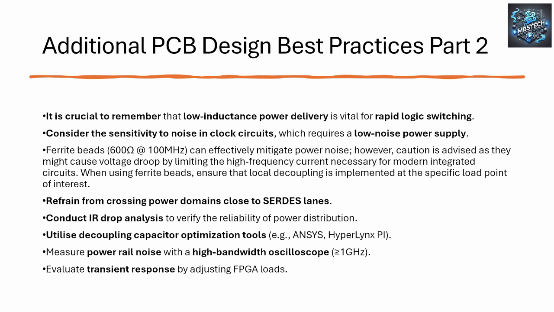A ferrite bead is essentially an impedance. It's a filter. So if the right hand side of that bead wants current very, very fast, ferrite beads can be detrimental. Yes, it's stopping that high frequency transient noise from propagating to the left onto the general power plane that's feeding that bead itself.